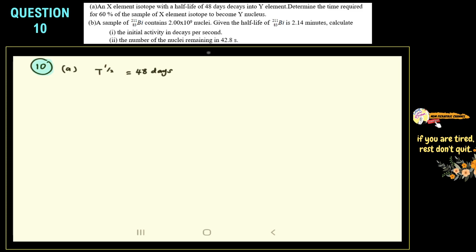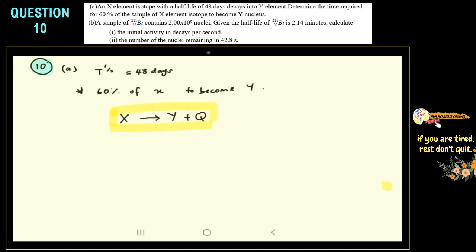Determine the time required for 60% of the sample of X element. Given that 60% of X element isotope becomes Y nucleus, so 60% of X becomes Y. We can write that X becomes Y plus Q, so this is the general equation.